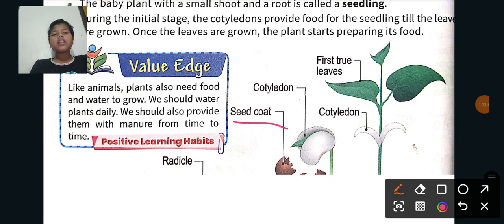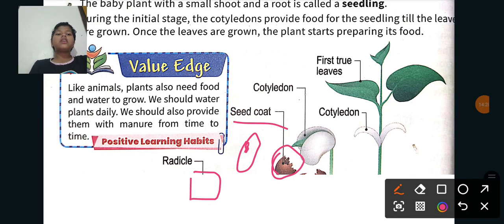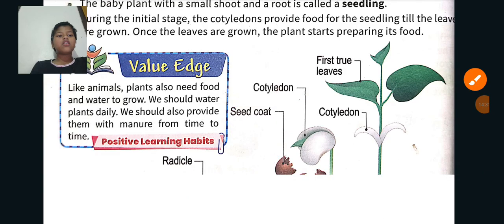In a seed, the white part over here is known as the radicle. The outermost part is known as the seed coat, and this is known as the cotyledon.